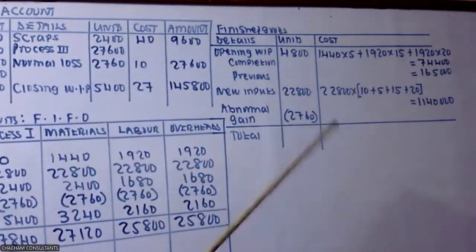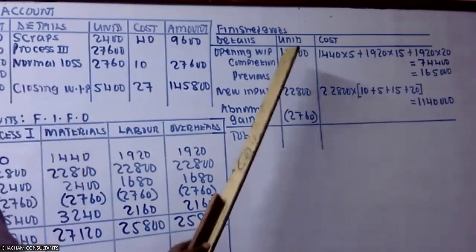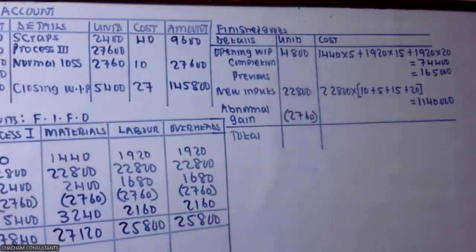So add these units, not costs: 4,800 plus 22,800, plus, actually now minus 2760.